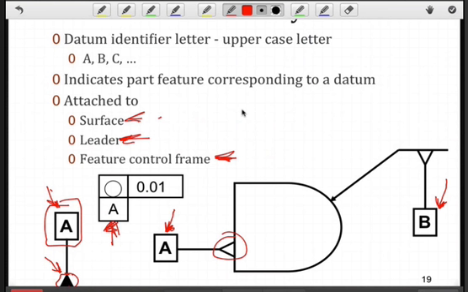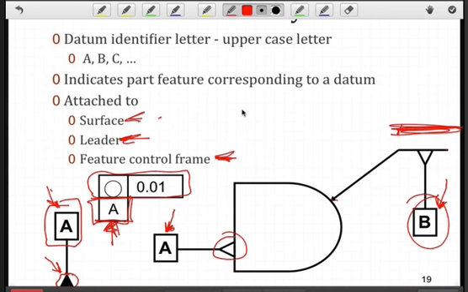Here we see it attached to a leader line. So for B, we are pointing to this surface, and there may be dimensional tolerances here above this leader line. We've already seen a feature control frame. Here we have circularity, and what we're saying by attaching this datum symbol to that is that the feature that we're controlling in terms of circularity is also a datum, and this is quite common.